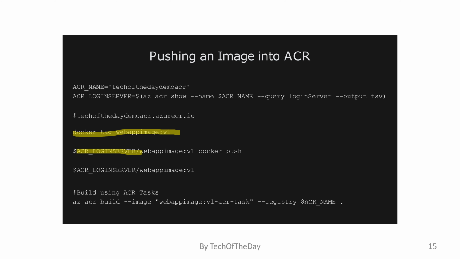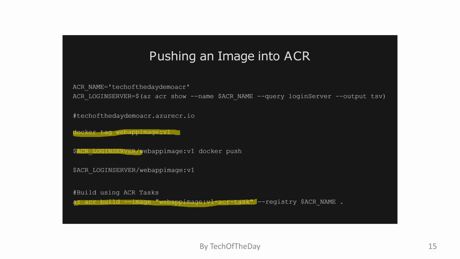Let's look at how to do that in code. We can use the command az acr build with the image parameter. This is what the image will be named and tagged with in the Azure Container Registry. Here we have web app image:v1-acr-task, and I chose to tag it to identify that this was built inside of Azure Container Registry using a task.